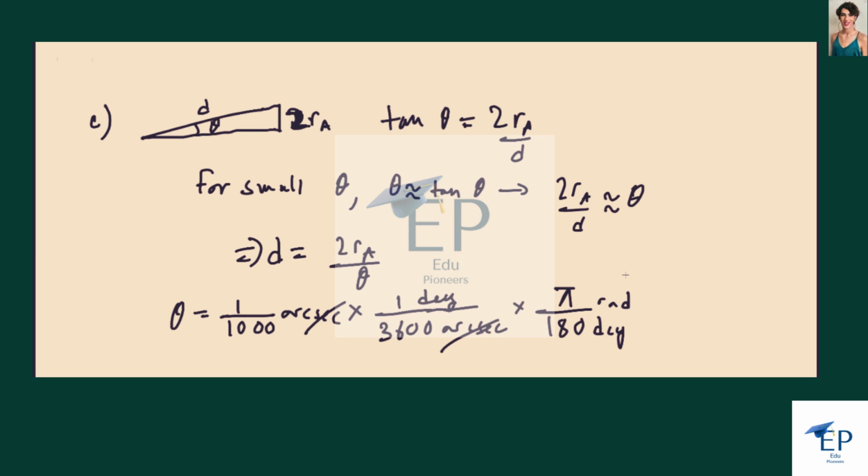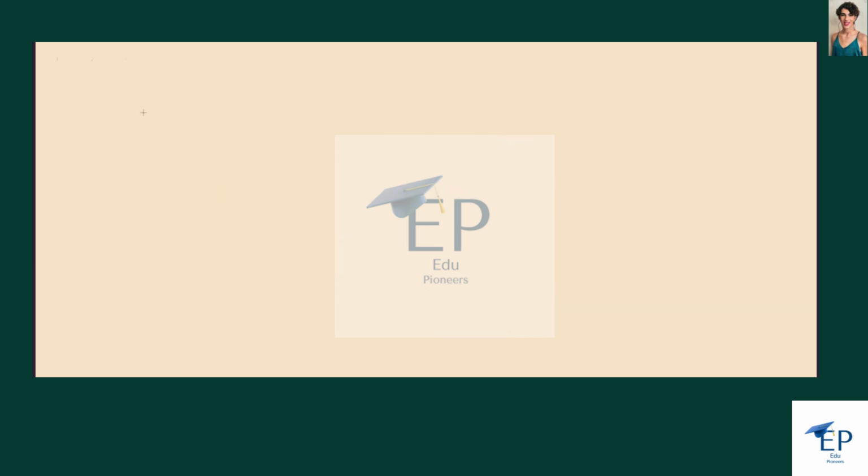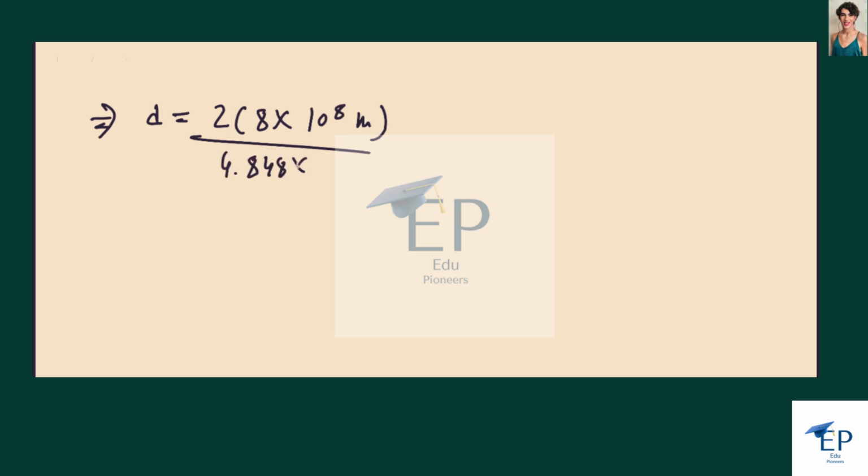All right, so this gives us 4.848 times 10 to the negative 9 radians. That's theta. All right, and so this means that d is equal to 2 times 8 times 10 to the 8 meters over 4.848 times 10 to the negative 9 radians.